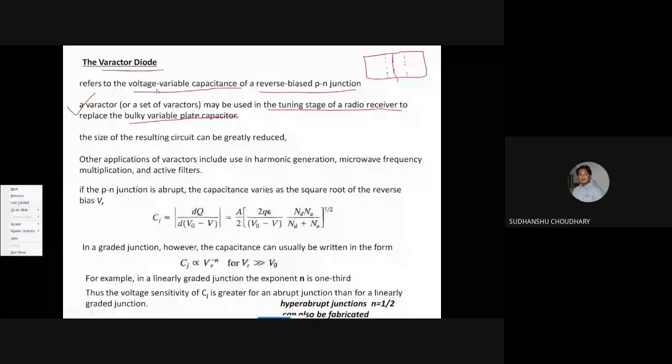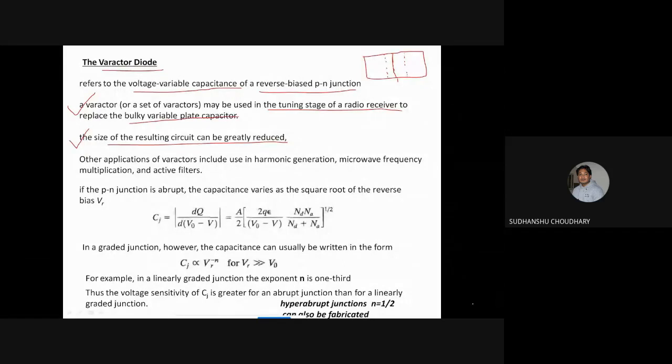But this varactor diode, the benefit would be that the size of the resulting circuit would be greatly reduced. So small circuits or small chips can be fabricated, or small radio receivers can be created.